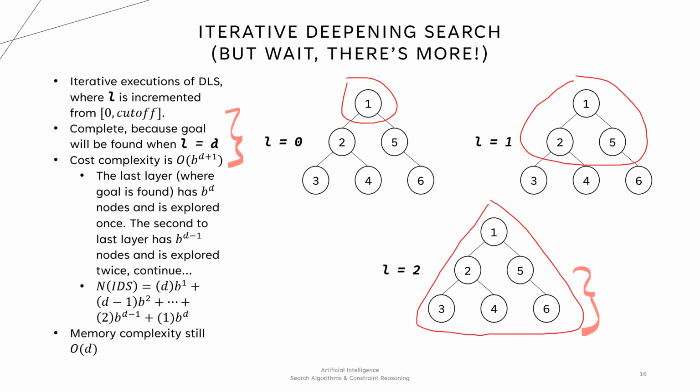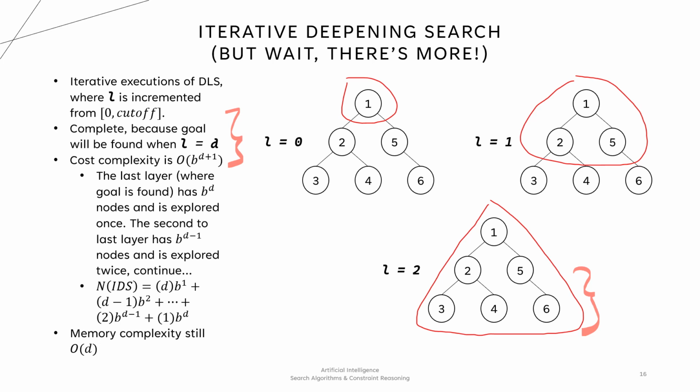And the second to last layer has B to the D minus 1 nodes and is explored twice, because L would have equaled D minus 1, and we would have computed all those nodes, and then L would have equaled D, and so we computed all those nodes again, and then computed the last layer of nodes.